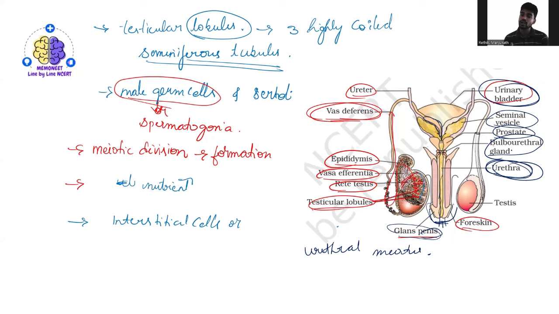Then the secretion of these glands constitutes what? Seminal plasma. These three glands normally secrete seminal plasma, which is rich in fructose.